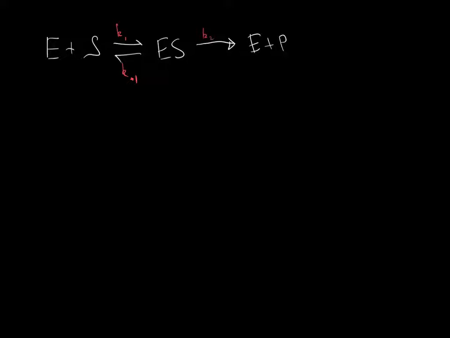So this one just becomes k2. And since we're only looking at initial velocities, we actually don't even have to worry about the backward step here because at time 0, P is equal to 0. So I don't even have to worry about putting in a k minus 2. Trust me, that makes it so much more simple.